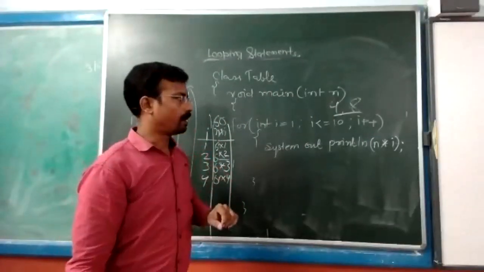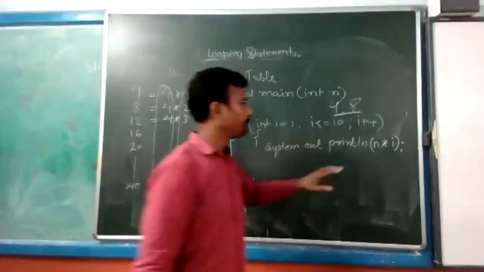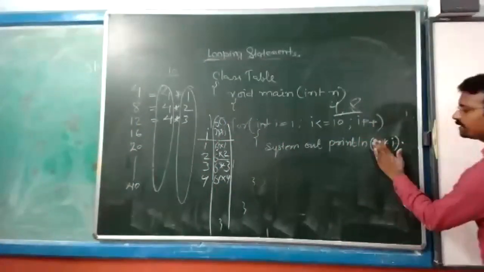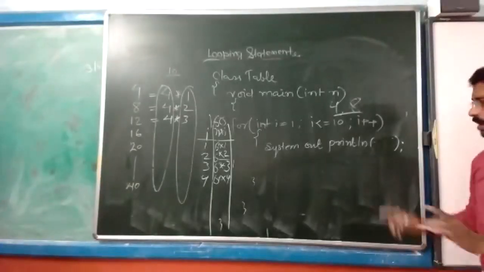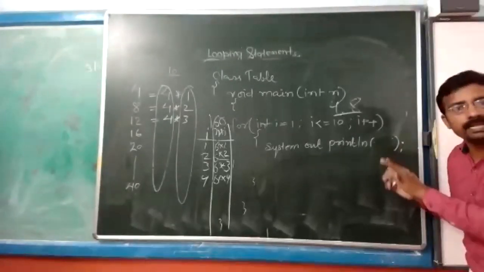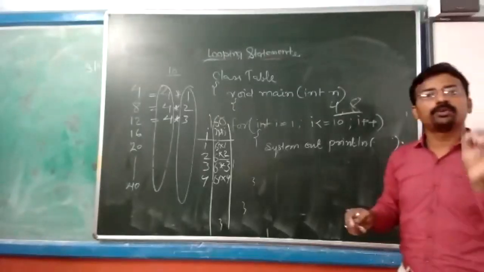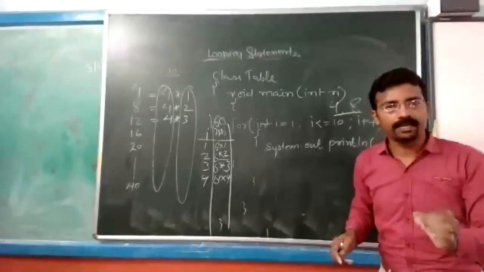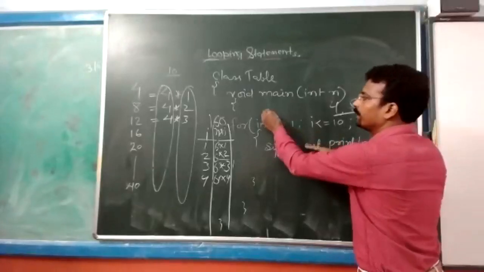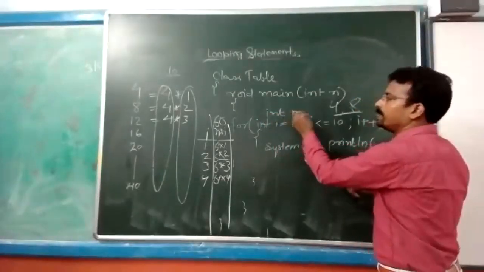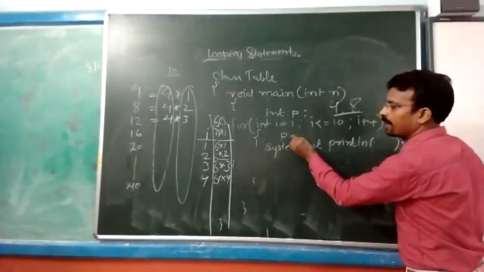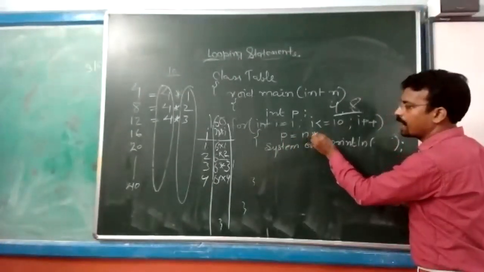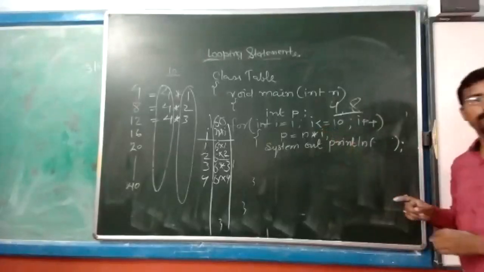One more suggestion for you all. Don't do it directly here. The good practice is, when you have to perform any calculation, try to use a variable. So you do one thing: int p. You assign p = n * i.